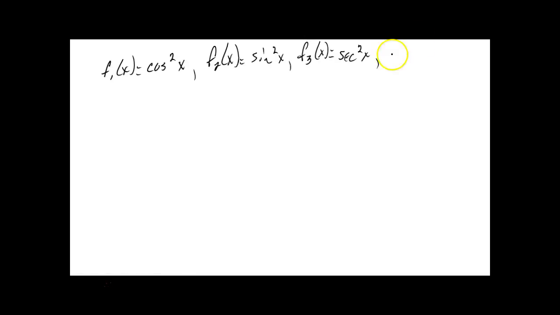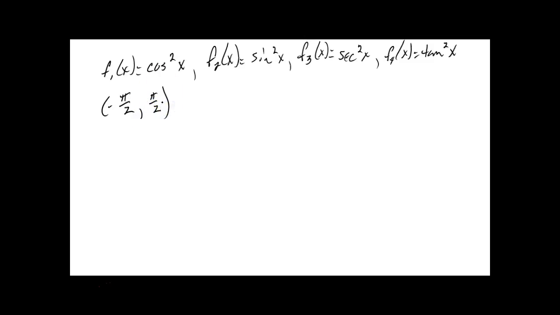And f4 of x is equal to tangent squared x. Okay, what we're going to do is look at that on the interval from -pi halves to pi halves.